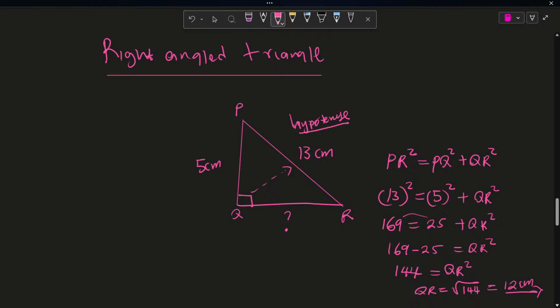Okay. That is the thing that we are talking about. Can I give you an activity? Do we understand, guys? Can I give you an activity for you to try?